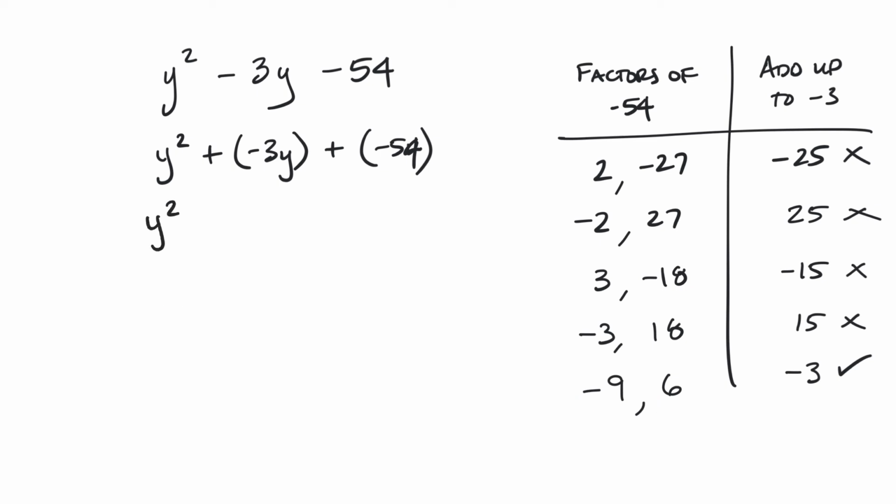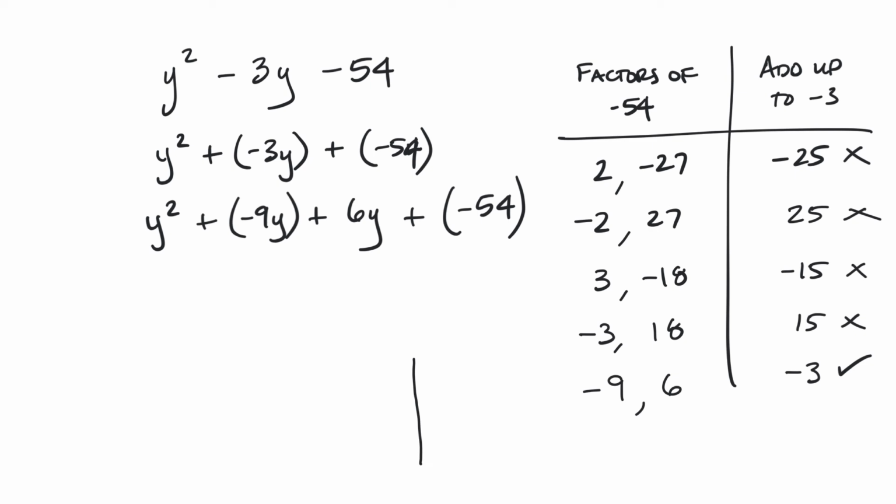So y squared plus negative 9y plus 6y plus negative 54. And I am going to put that into our box here. So we've got y squared, negative 9y, 6y, and negative 54.